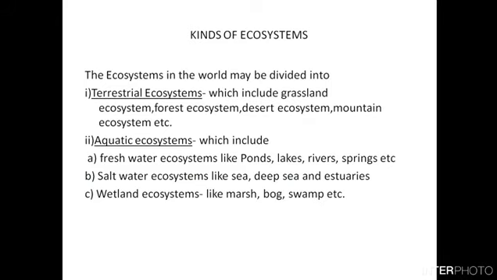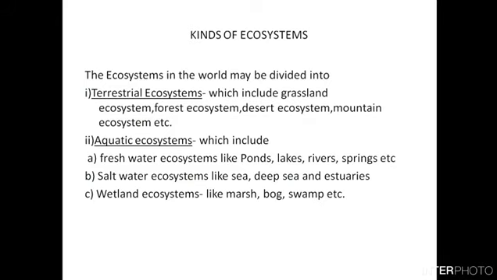What is there in the terrestrial ecosystems? When you talk about the land, you can have grassland ecosystems, forest ecosystems, desert ecosystems, mountain ecosystems, etc. There will be many other ecosystems under the terrestrial ecosystems.